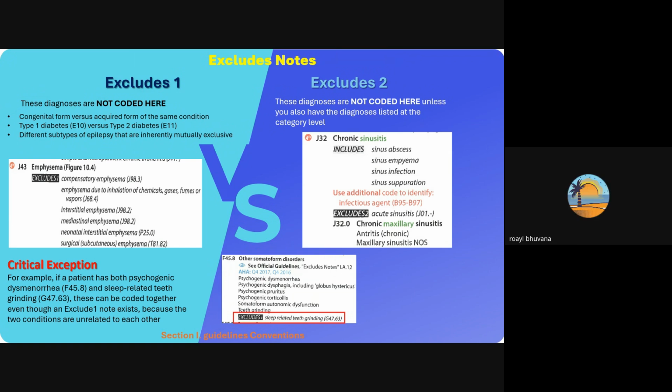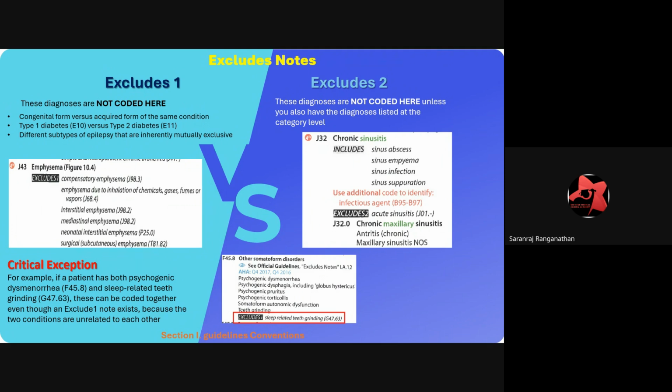Then, in some cases where I need to code both, there is one critical exception for Excludes 1. To my knowledge there are 10 to 15 of these, and I have added one here. If a patient has both psychogenic dysmenorrhea and sleep-related teeth grinding, these can be coded together even though an Excludes 1 note exists, because the two conditions are unrelated to each other.